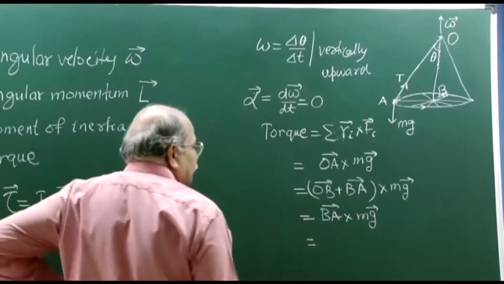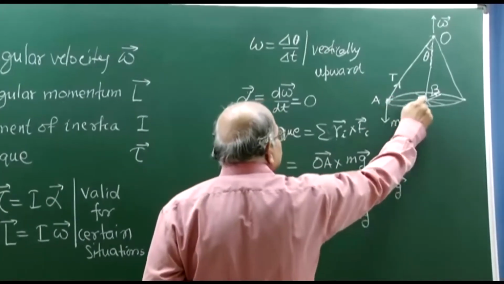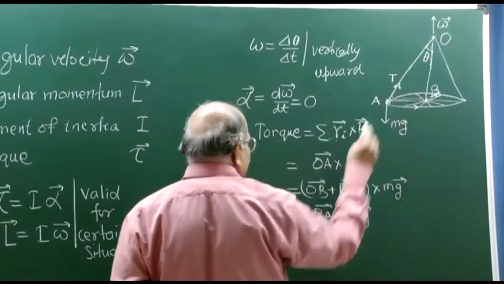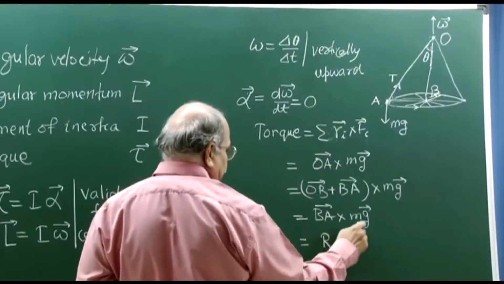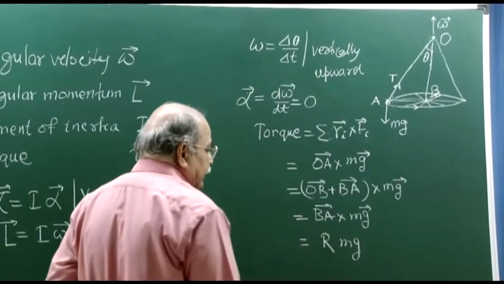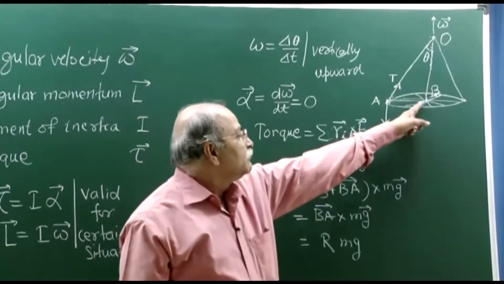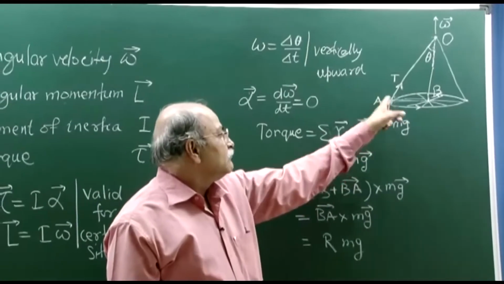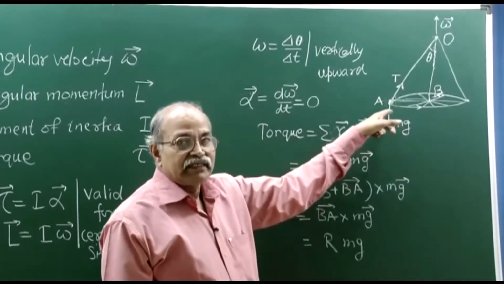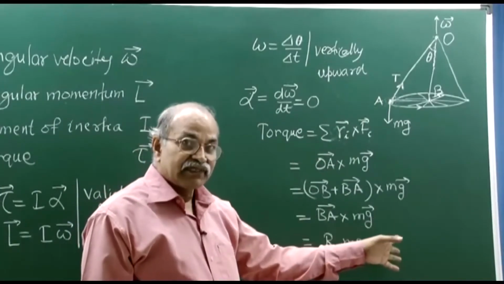What is the magnitude? BA is the radius of this circle, then mg, and then sine theta, the angle between BA and mg. BA is horizontal, mg is vertical, so the angle is 90 degrees, and sine 90 degrees is 1.